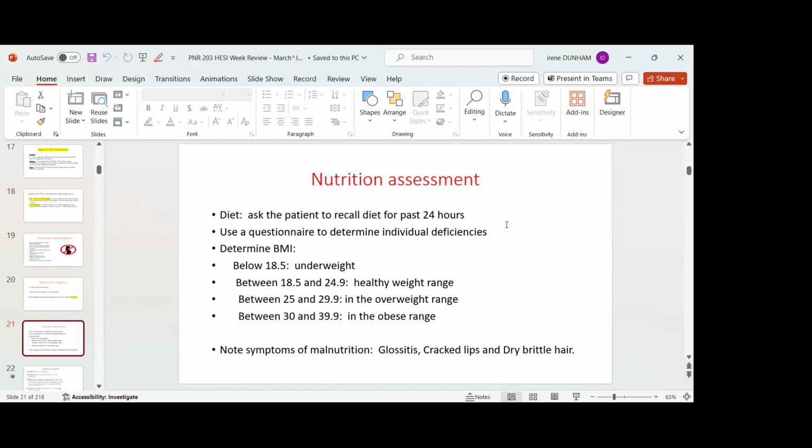Then we can look at it and say, well, you have a lot more carbohydrates than, say, protein. And in case, HESI sometimes puts a BMI on there, guys. Like the patient has a BMI of, say, 19.2.